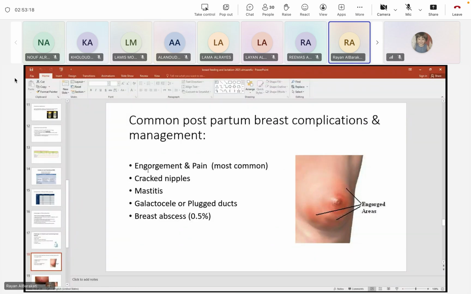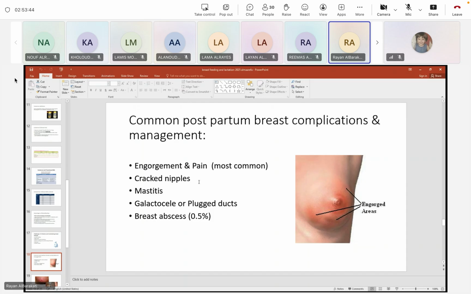So, you have to differentiate between engorgement and pain. Engorgement means milk is engorged in the breast gland, and usually there is mild fever, not much fever, no signs of cracked nipples, and you will have a history of irregular breastfeeding, and you can feel some bumps or lumps in the breast.